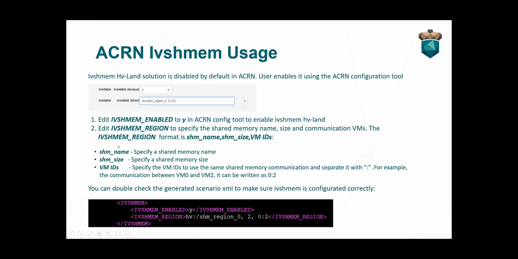These parameters are almost the same as DM LAN, but you need to specify the VM ID. In ACRN, the VM ID is also configured by the config tool, so you can specify them in the config tool also for the shared memory device. If you have configured the shared memory correctly by the ACRN config tool, you can check the generated XML file to make sure it is enabled.